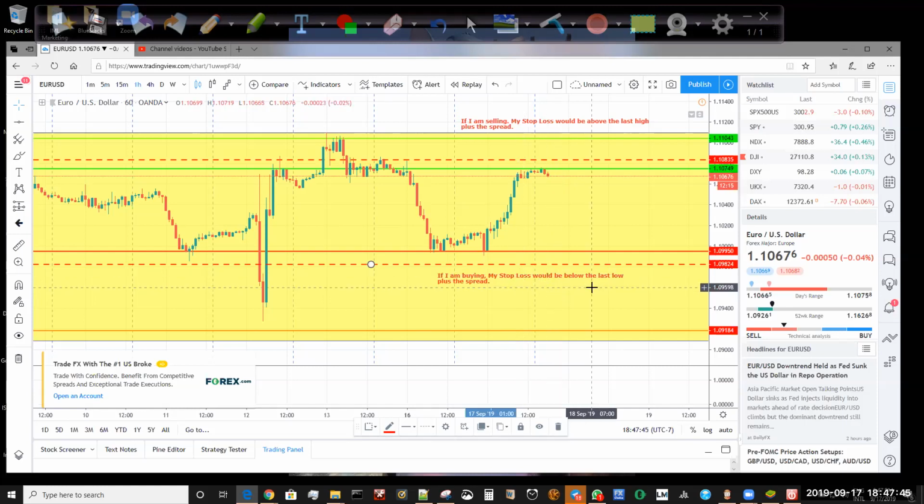Your take profit, if we are selling, you're looking to come from this entry area down to this support level, which is 73.1 pips.